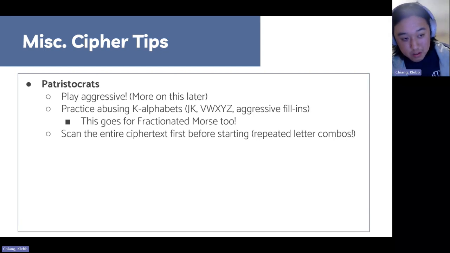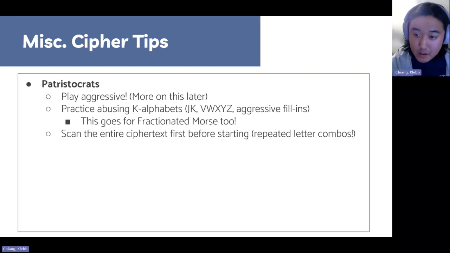So for example, look for low frequency letters like J, K, P, Q, V, W, X, Y, Z, those types of things. This kind of goes for Fractionated Morse as well, because the alphabet works the same way. Don't be afraid to make a guess. It's like, okay, I see a bunch of letters in a row, let's just fill in roughly what the letters should be.